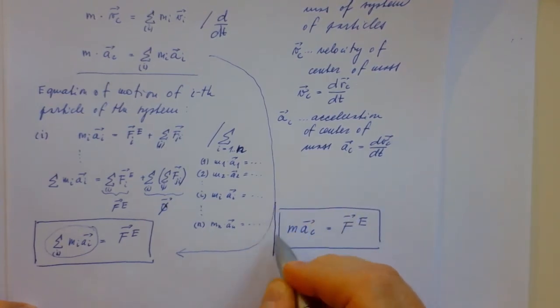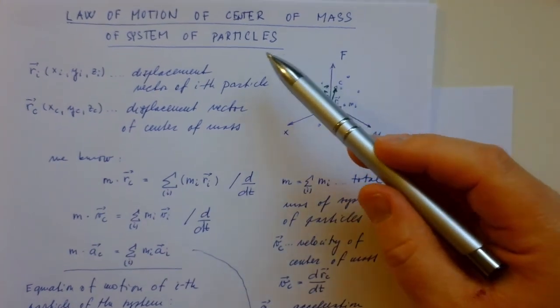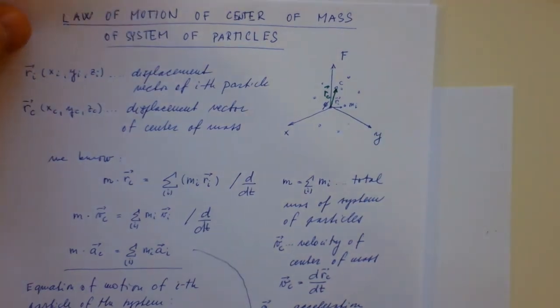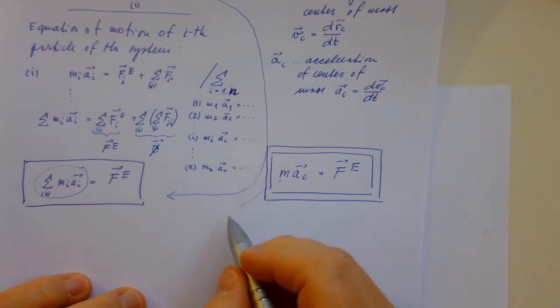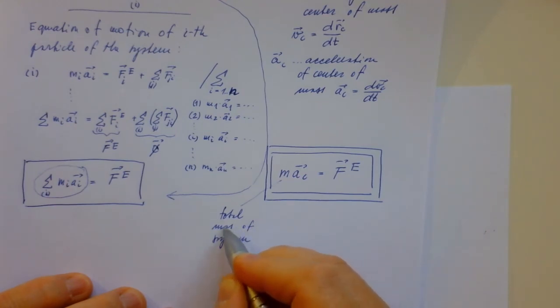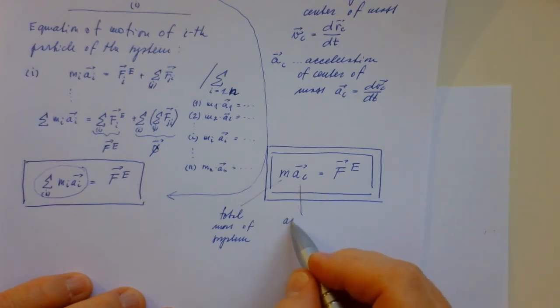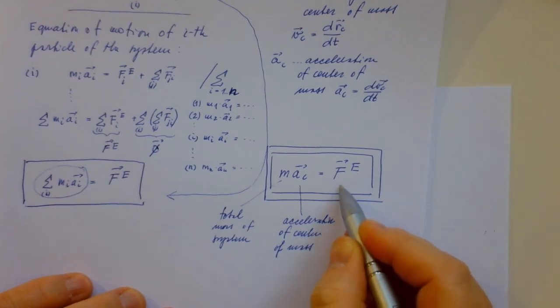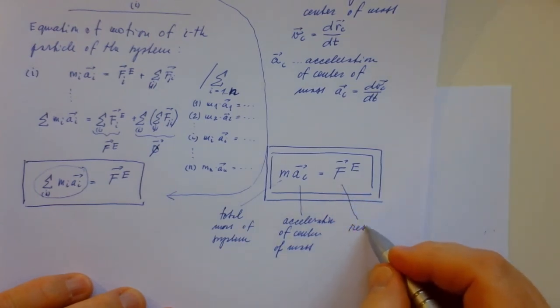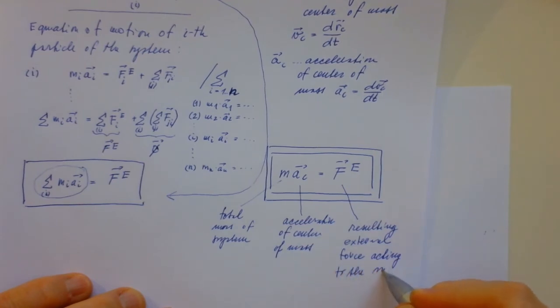Okay, and finally we get the law of motion of the center of mass of a system of particles, where m is the total mass of the system of particles, and ac is the acceleration of the center of mass, and fe is the resulting external force acting on the system of particles.